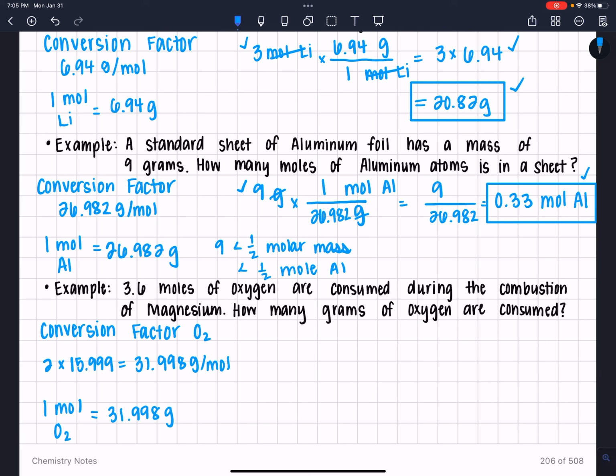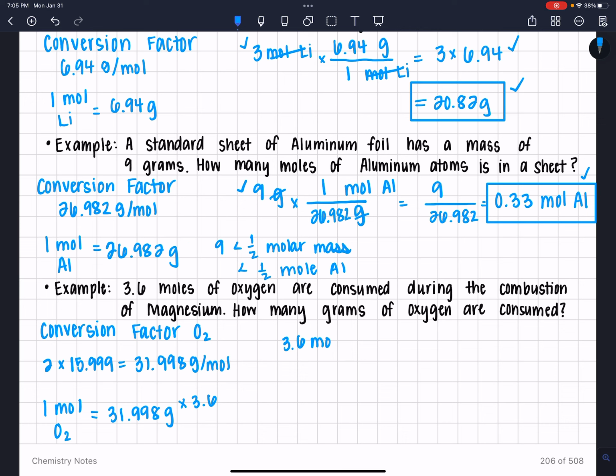So this means 1 mole of oxygen, O2, because it's diatomic, is equal to 31.998 grams. So if I've got 3.6 moles of oxygen, that means I've got 3.6 times as much mass. I could just do this in my head and do 31.998 times 3.6, and that would be a good way of getting the answer quickly if I'm confident doing it that way. But if not, I could always set this up with dimensional analysis.